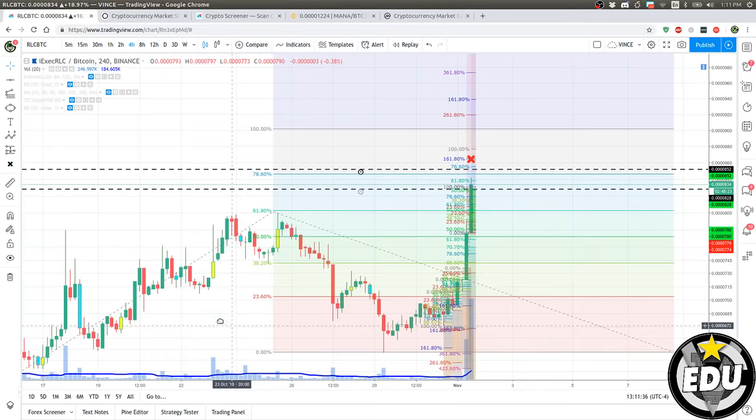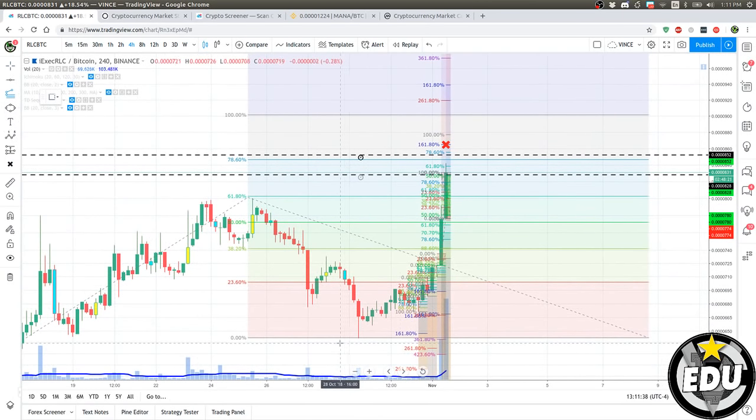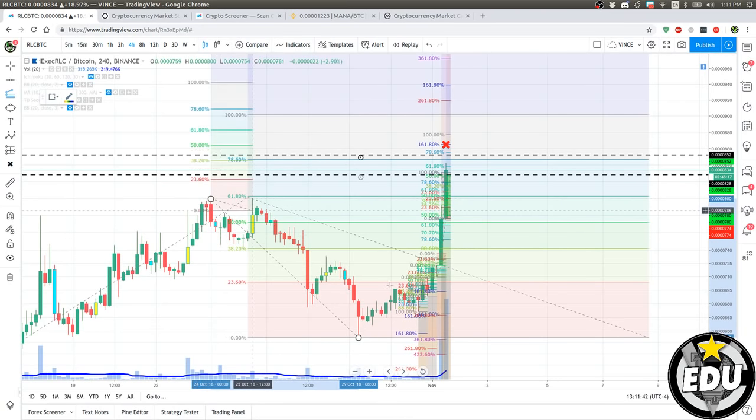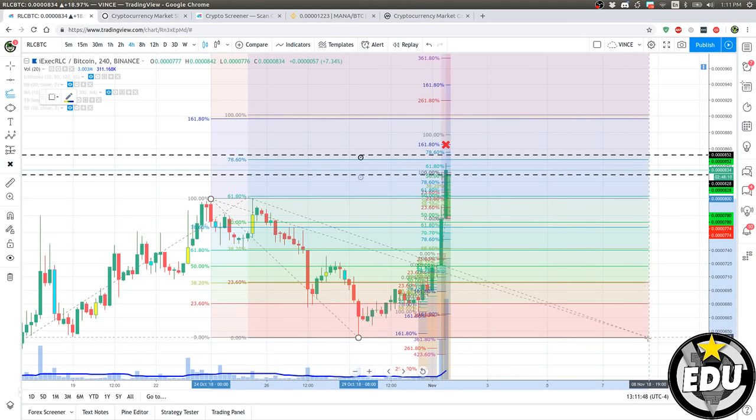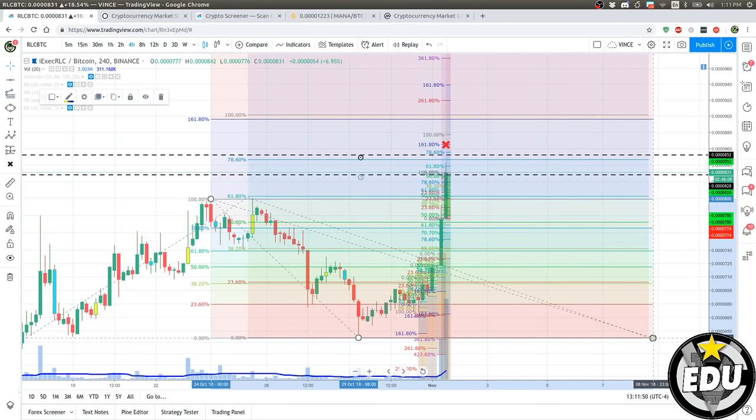And let's see what my Fibonacci shows us, the way I do it. This Fibonacci gives me a way higher target, so I aim for under 61 in this case.